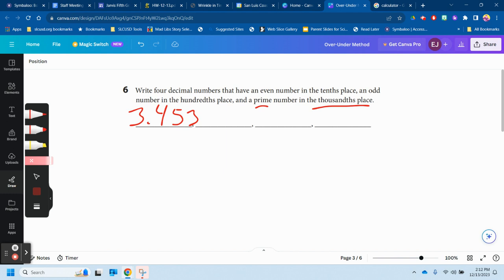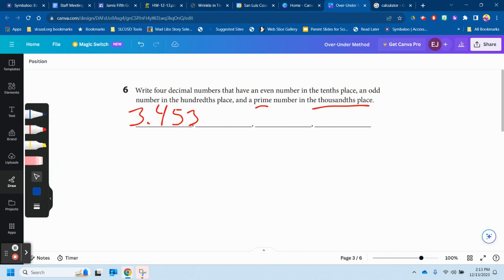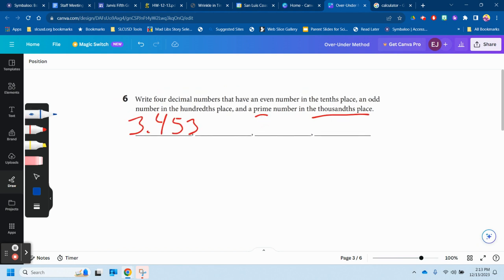I'll do one more in blue here. Okay, what do I have to have? Even number in the tenths place. So I could put 0. Whoops. Let me redo this. I always put a 0 on the 1. 6 is even. Odd number in the hundredths place, I'll do 7. Prime number in the thousandths place.